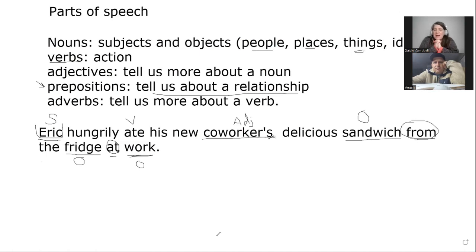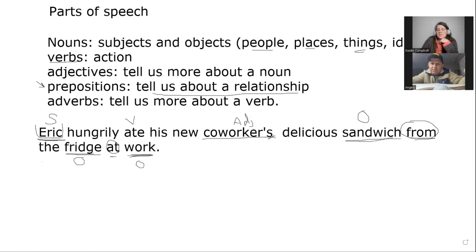Now let's look for some adjectives. What adjectives tell us more about nouns? Nouns are all of the objects and the subject, so everything here that I underlined is a noun.